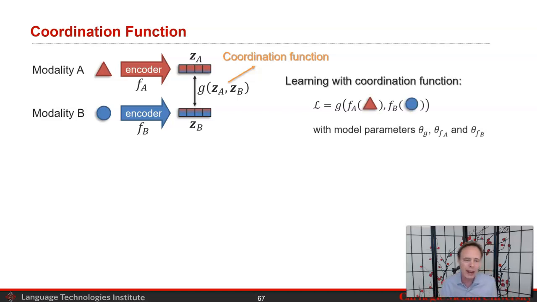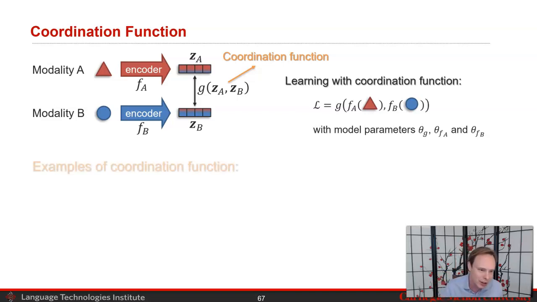So learning your loss function will often be defined related to that coordination function. So in this example, I have two modalities. I have an encoder for modality A, an encoder for modality B. I'm learning representations, and I want to learn the parameters of both of my encoders in such a way that I want them to be coordinated.